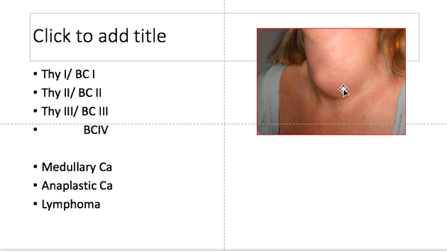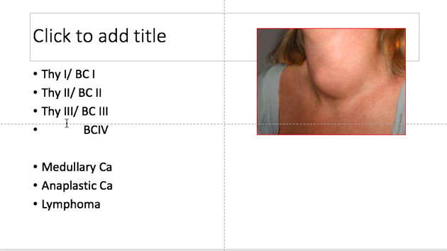Otherwise, your other lobe may start enlarging, and annually you do the TSH level. And here you don't have to give a very high dose to suppress, but you keep the TSH in the normal range, preferably slightly towards the lower level of normal. So that's how you do it.